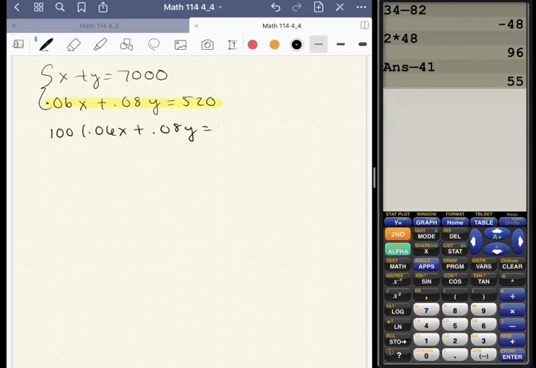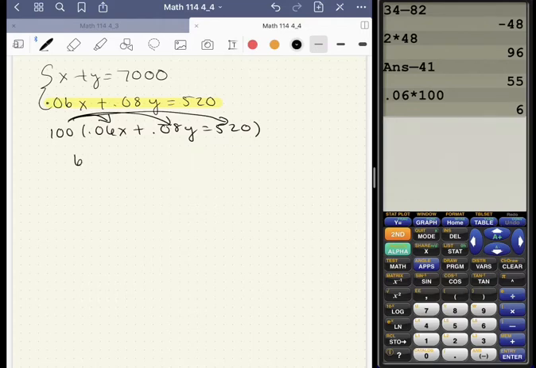0.06x plus 0.08y equals 520. So I'm going to distribute. I have 0.06 times 100 equals 6, plus 8y is equal to 52,000.